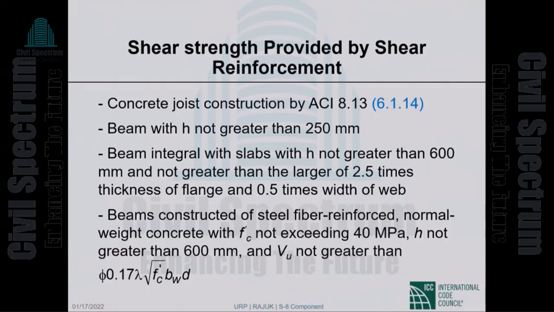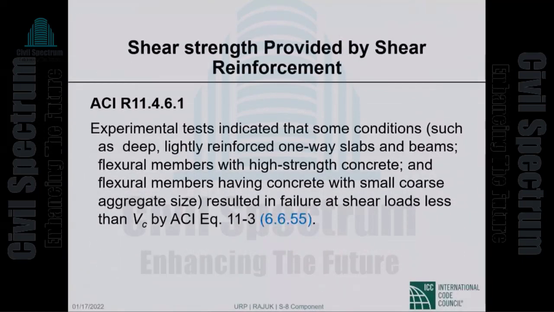So concrete joist construction as defined in 318. No shear reinforcement at phi times V sub c by 2. Beam with total depth not greater than 250 millimeters. Beam integral with slabs with h not greater than 600. Anyway, I'll let you read this list. So there are certain things for which we do not need minimum shear reinforcement unless the V sub u exceeds phi times V sub c.